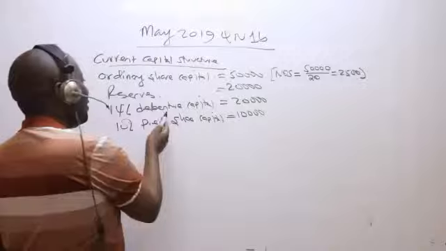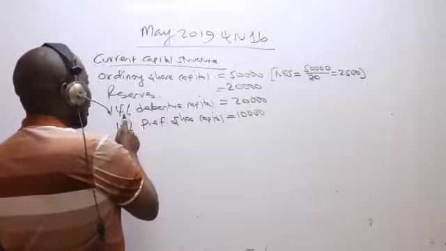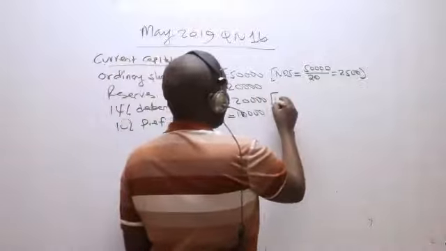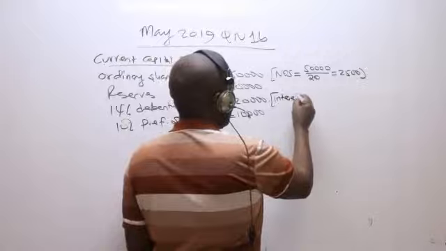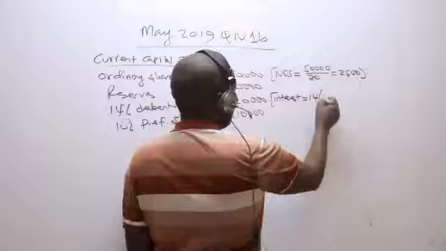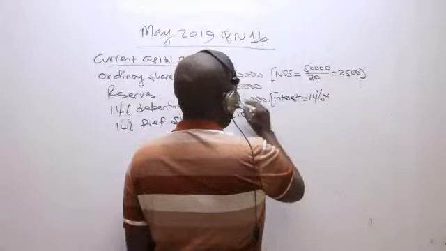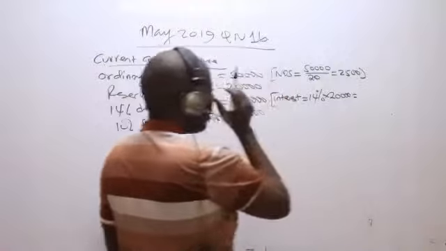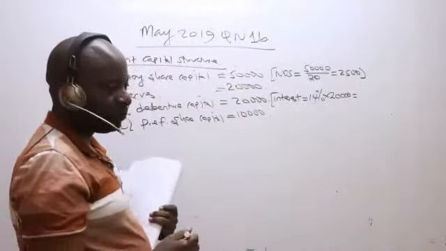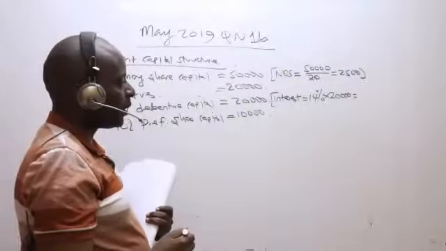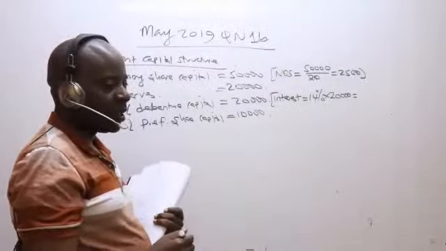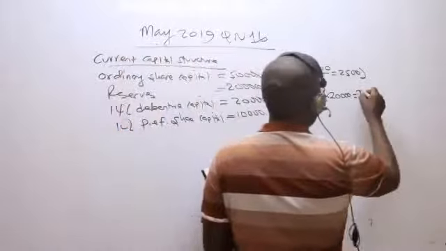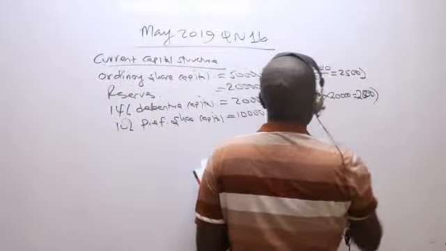This is important. Whenever I see debenture or debt, I have to calculate interest. So in this case here, come and give me the interest. The interest will be the rate of interest given times the amount raised, 20,000. Which will give me how much, ladies and gentlemen? 14% times 20,000. These are free marks that I'm getting without sweating at all. 2,800.